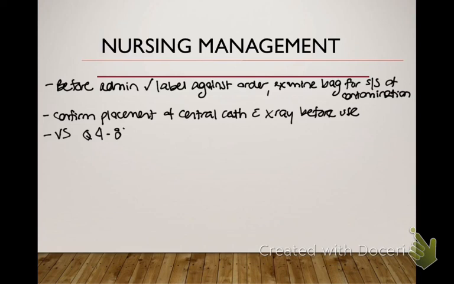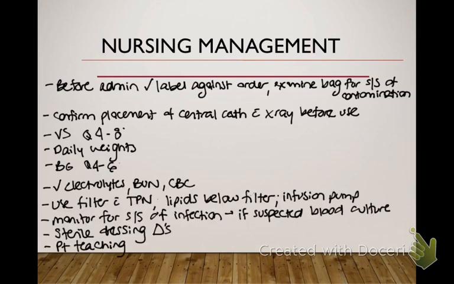All right, vital signs every 4 to 8 hours. Daily weights. Obviously, we're going to do blood sugars like we talked about to worry about hyper or hypoglycemia. Check electrolytes. We use a filter with TPN. And we have to be careful because the lipids are really thick and fat.